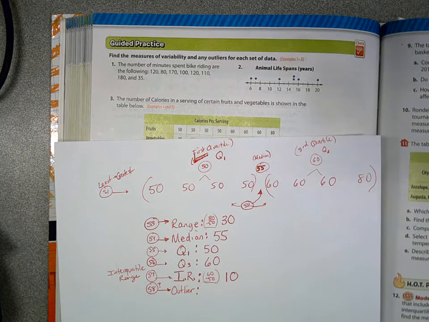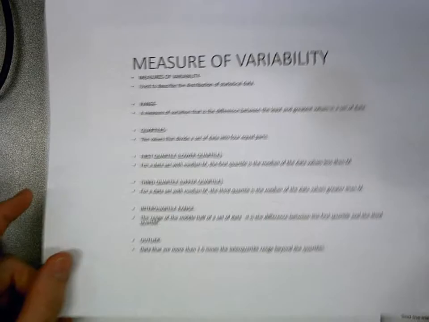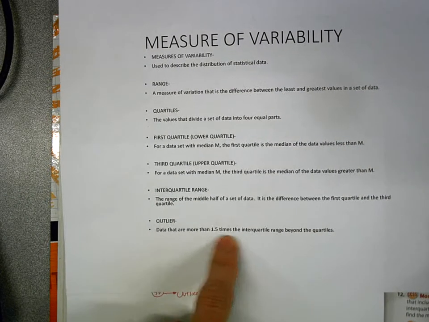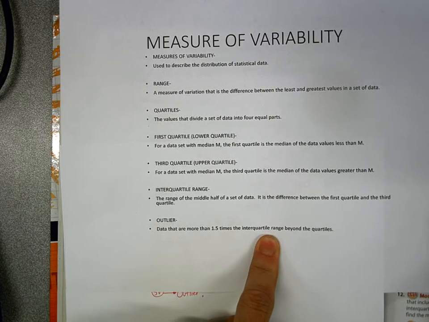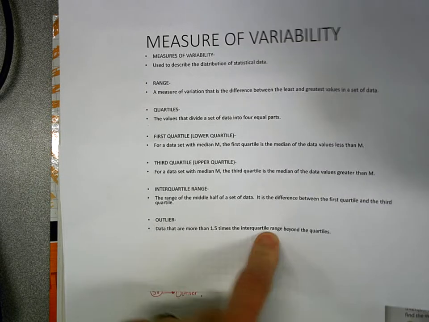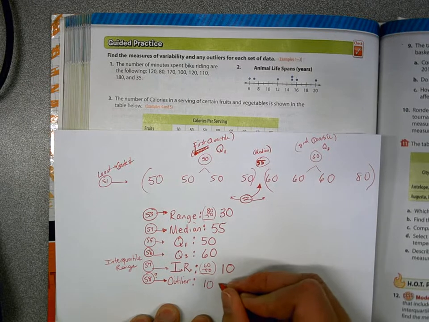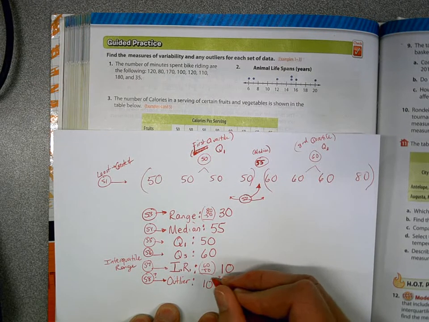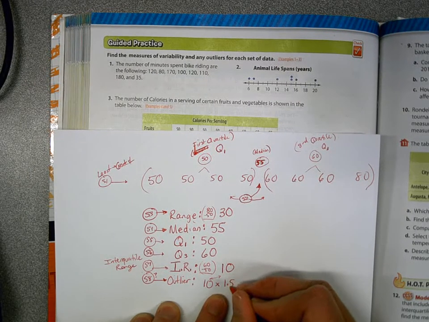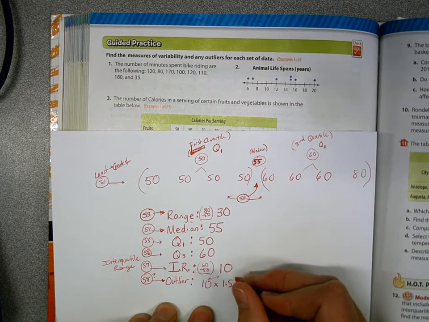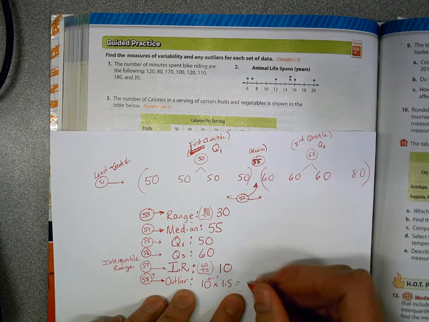Let's go back to the outlier definition. An outlier is data that has more than 1.5 times the interquartile range. So what do you think we have to do first? 10, that's the interquartile range, right? Times 1.5. So what does that equal? 15.